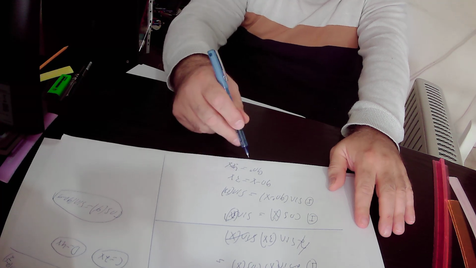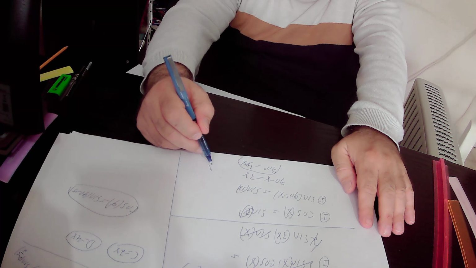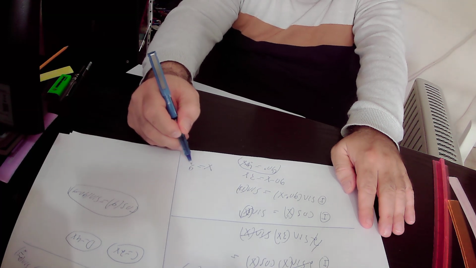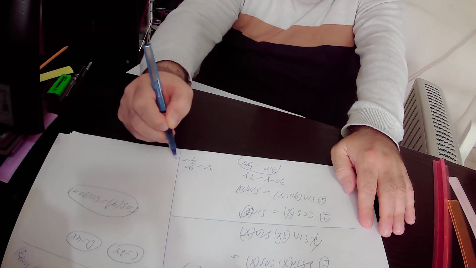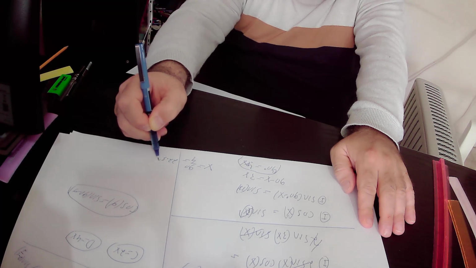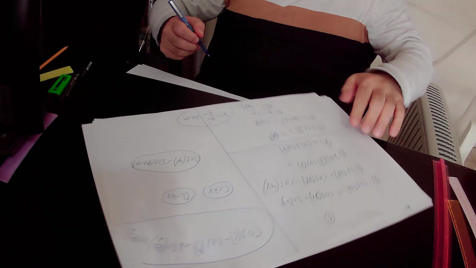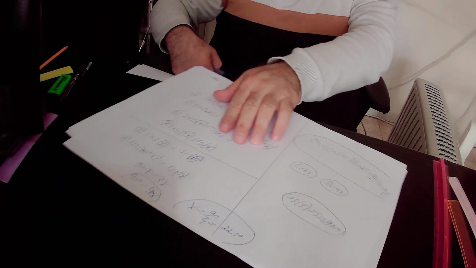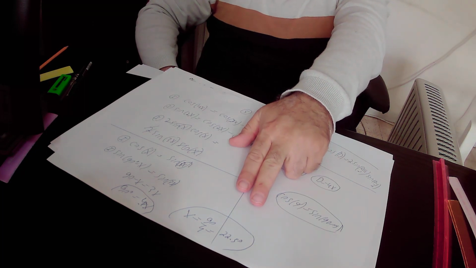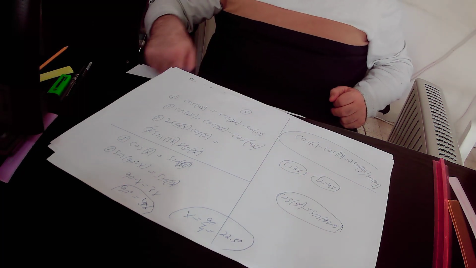We will divide this equation by 4, and we will get that the value of x is 90 over 4, that is to say, 22.5 degrees. So we found out that angle x equals 22.5 degrees. We finished with the first method.